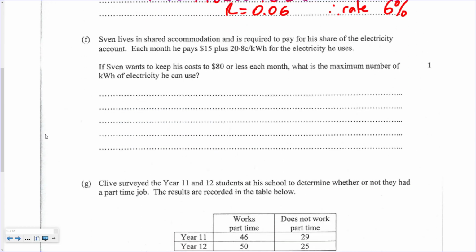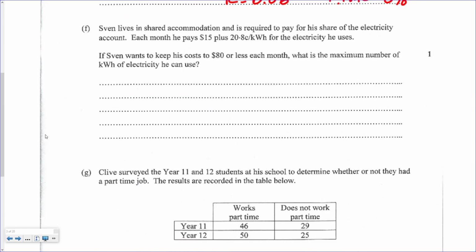Going to this next question, we've got this person Sven who lives in shared accommodation and is required to pay his share of the electricity. Each month he pays $15 plus 20.8 cents per kilowatt hour for the electricity he uses. Sven wants to keep his cost to $80 or less each month. What is the maximum number of kilowatt hours of electricity he can use?